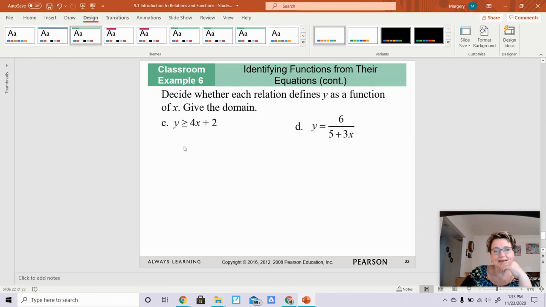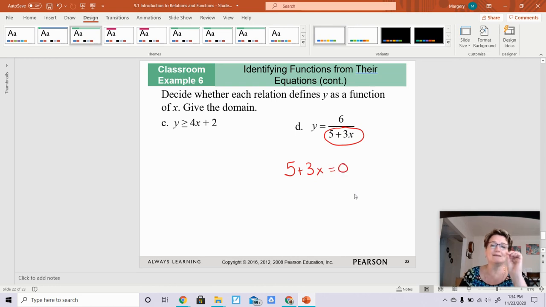And then the next one that would be really important is letter D. Whenever you have y equals a fraction, I always circle the denominator, and then you take it and set it equal to 0.